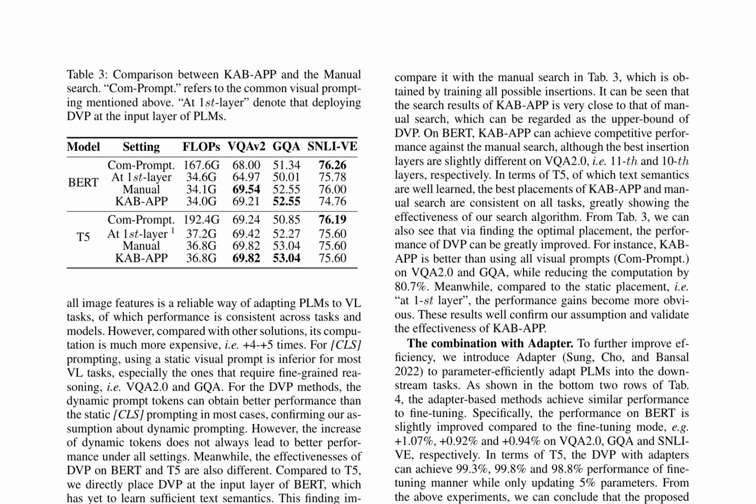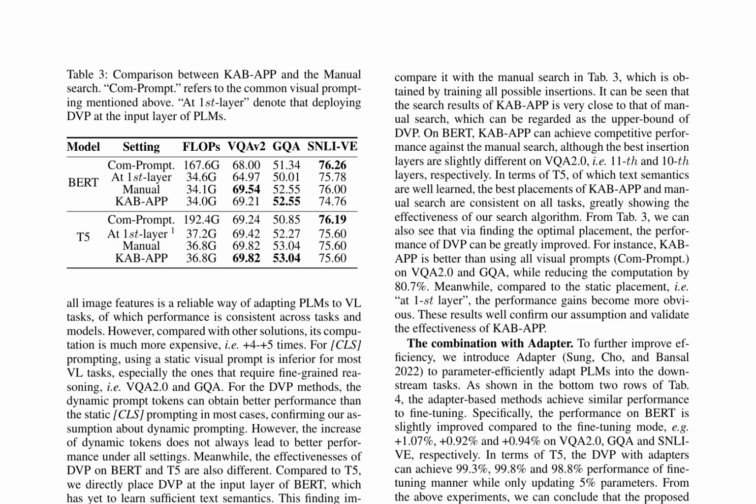The study introduces a novel method called dynamic visual prompting (DVP) to adapt pre-trained language models (PLMs) for visual language tasks. This technique involves inserting learnable visual prompts into the input sequence of the model. To evaluate DVP, it was applied to BERT and T5 PLMs on benchmarks such as VQA 2.0, GQA, and SNLI-VE.